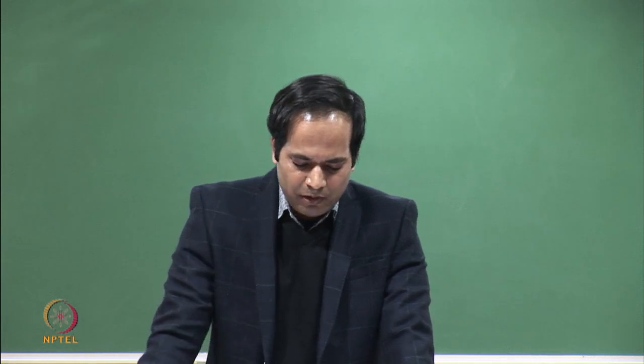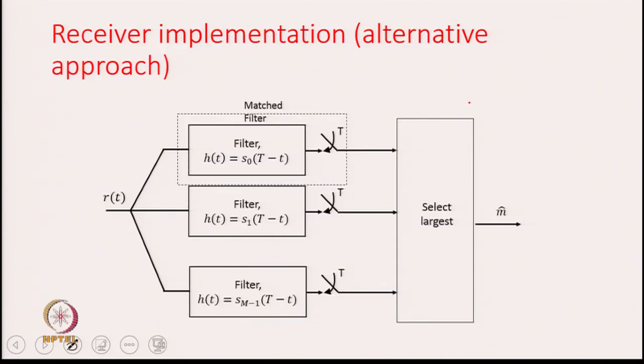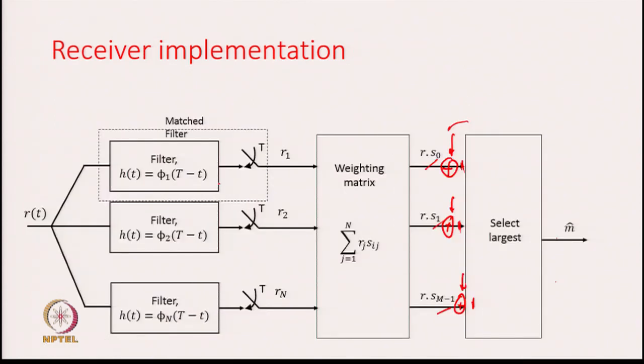Another issue: of course, you can implement this receiver in a slightly different way. In the previous case we had matched filters whose impulse responses were matched to orthonormal functions.